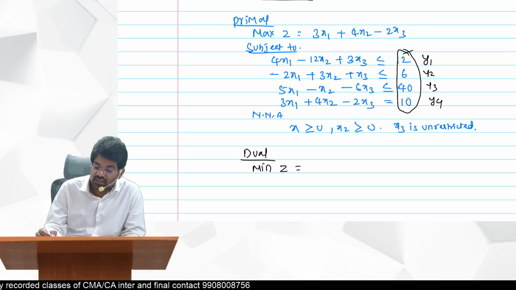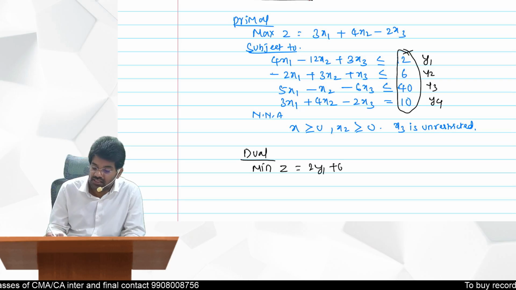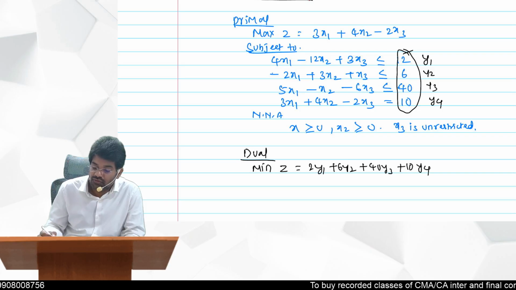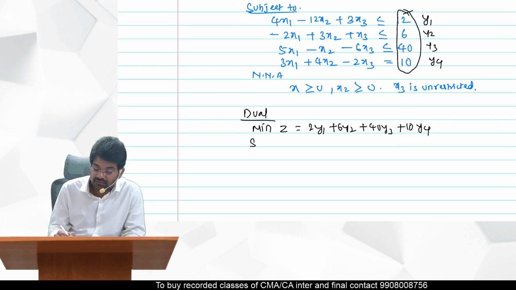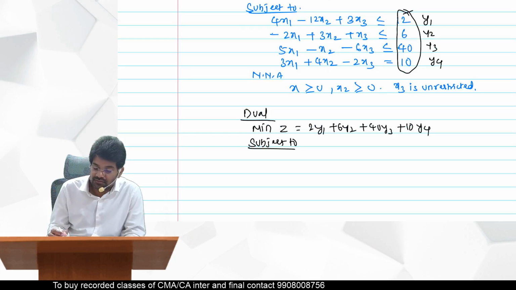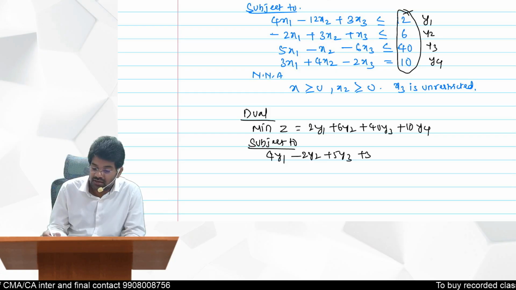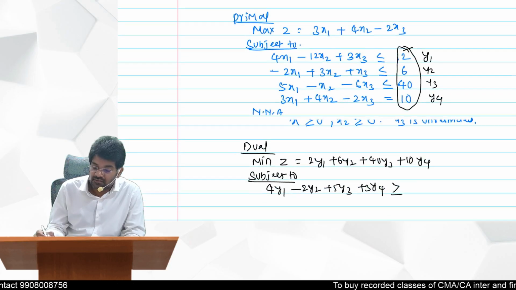So the coefficients are these only: 2y1 plus 6y2 plus 40y3 plus 10y4, subject to 4y1 minus 2y2 plus 5y3 plus 3y4 greater than or equal to 3.